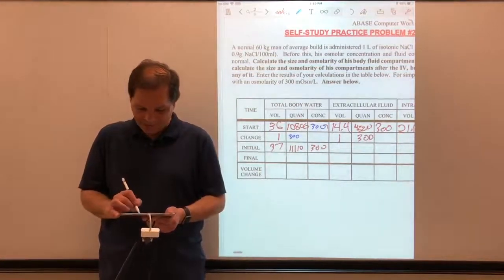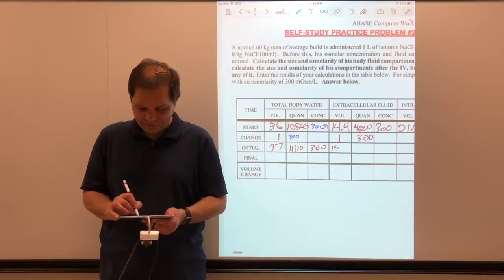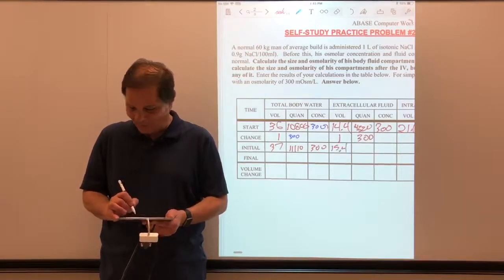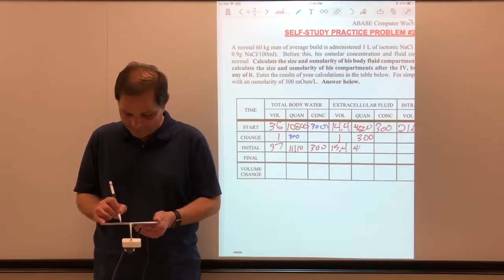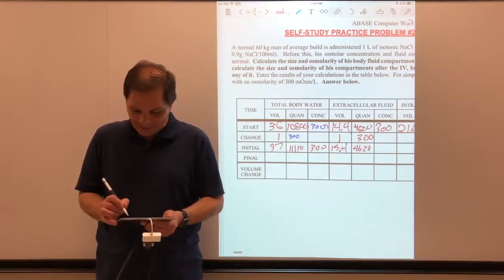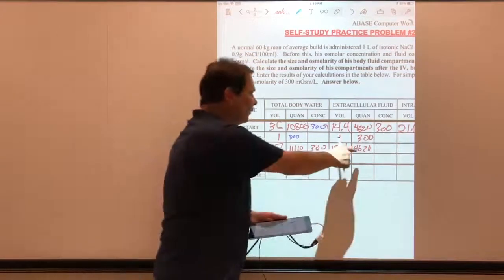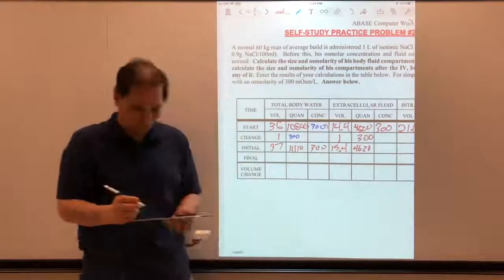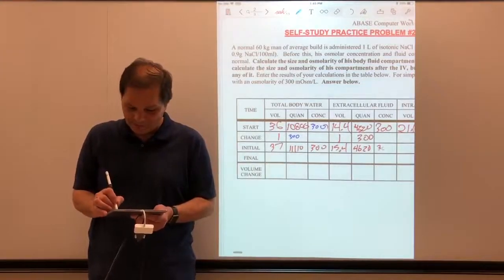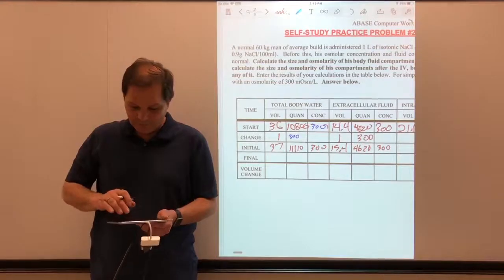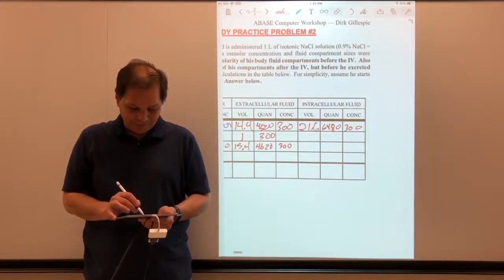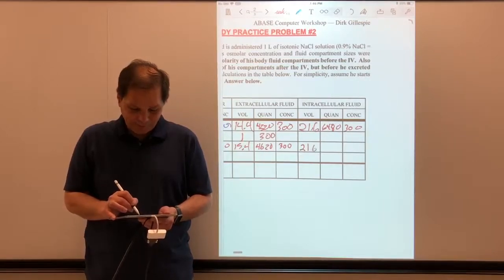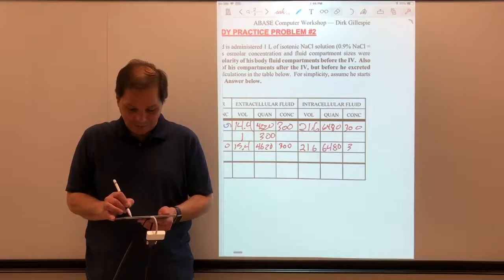Okay, on the outside of the cells, same thing, 15.4. We add 300 to our 4320, that makes 4620. And if you take 4620, divide by 15.4, lo and behold, you get 300, okay? And for the intracellular fluid, nothing has gone to the intracellular fluid yet, 21.6, 6480, and 300.